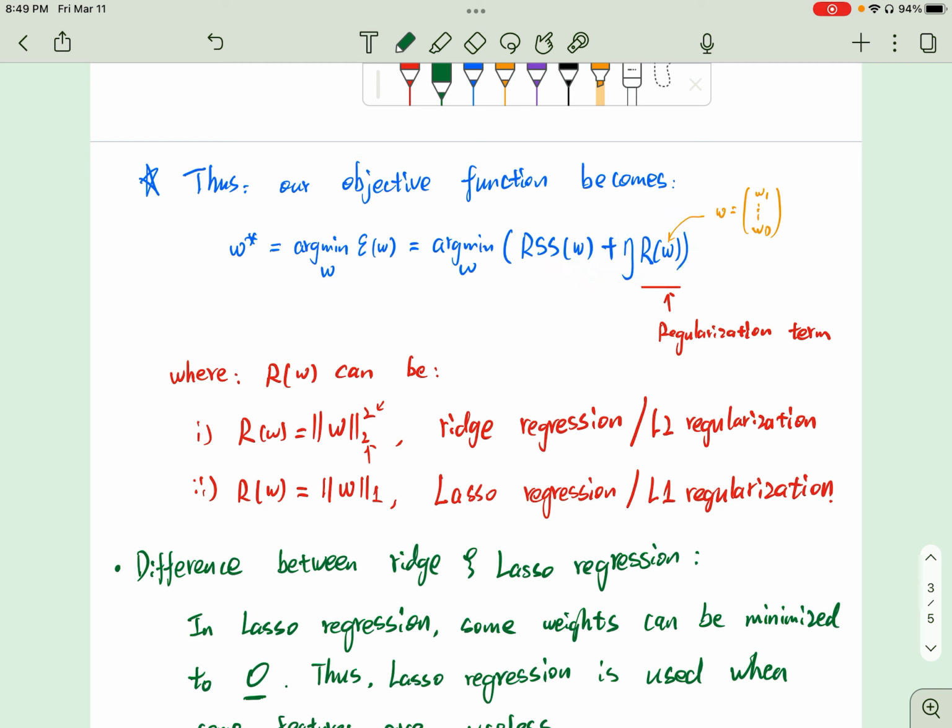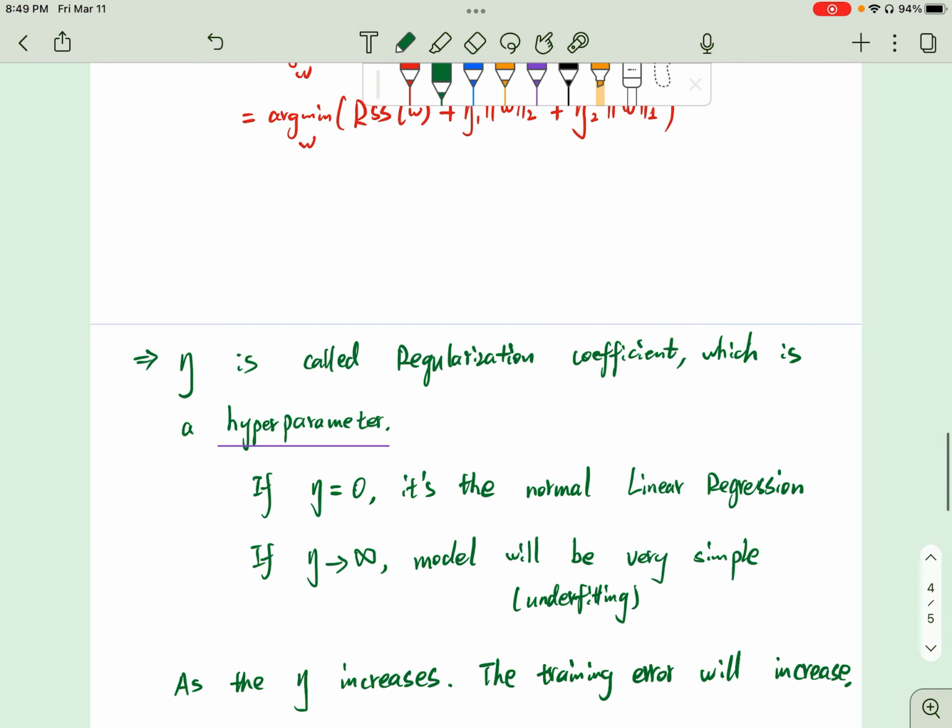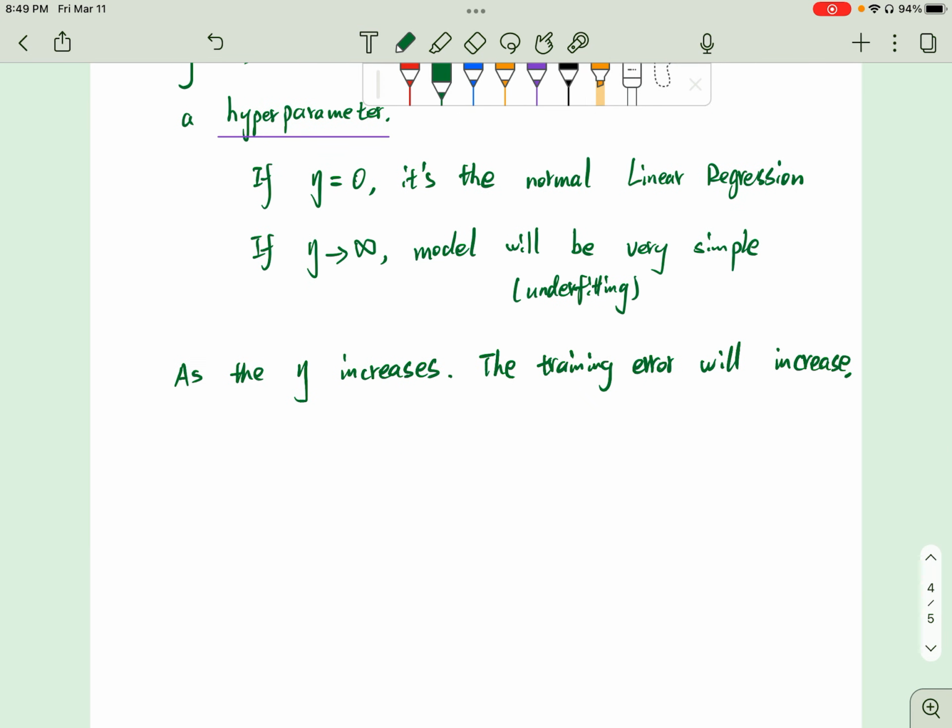So it means the training error will increase. But we have the testing error will decrease.